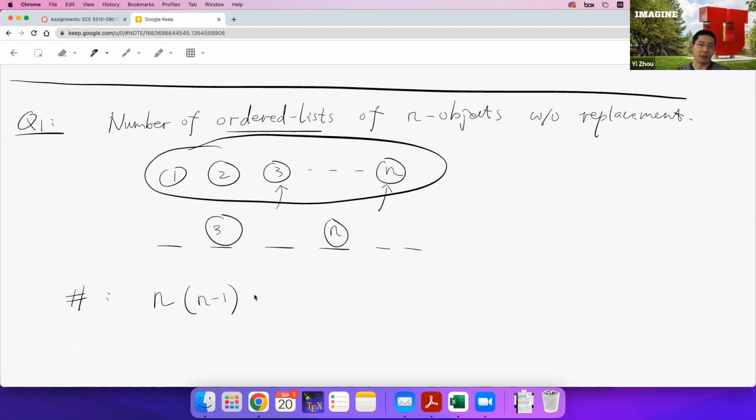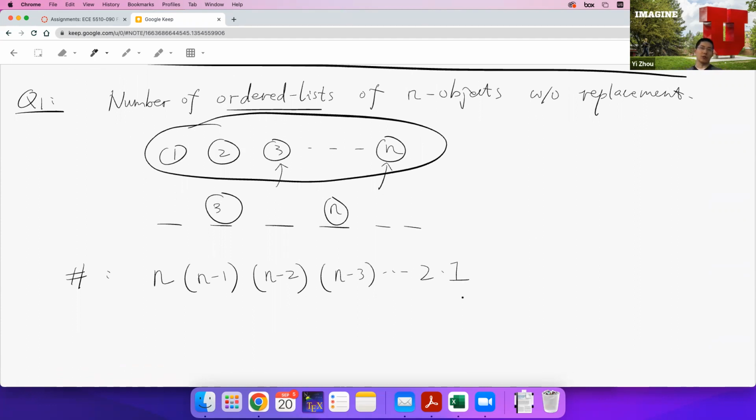You grab the third ball, and you only have this many positions left. You keep doing that until you reach 1. Once you have placed N-1 balls into their positions, for the last one you only have 1 position left, so that is the only possibility.